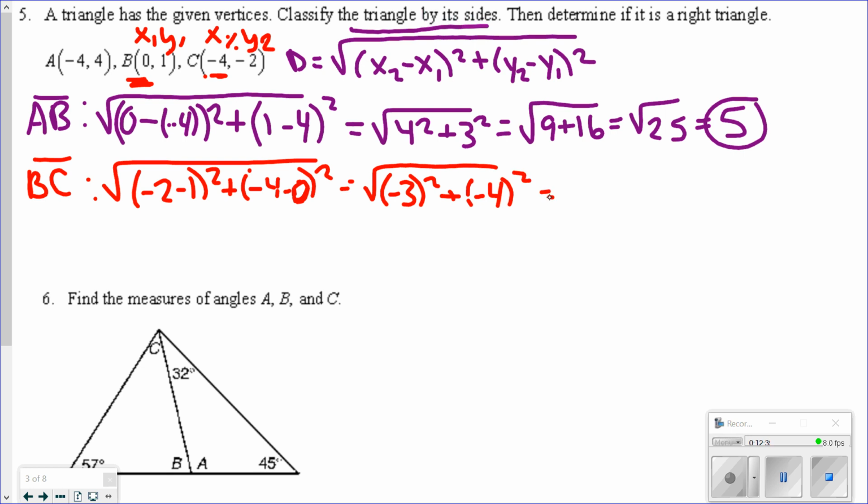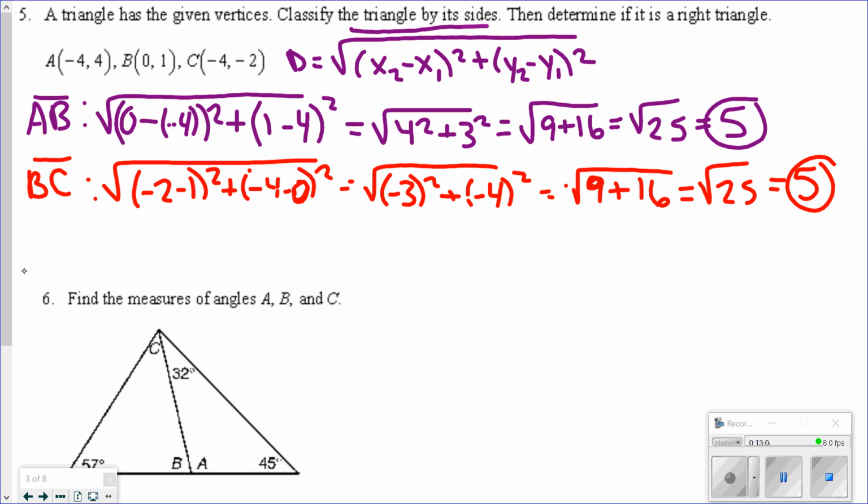So we're going to simplify this. It's going to be a positive 9 plus a positive 16, which is equal to the square root of 25, which is equal to 5. So right away we can see 2 of the sides are congruent. Let's see if the third side is as well.